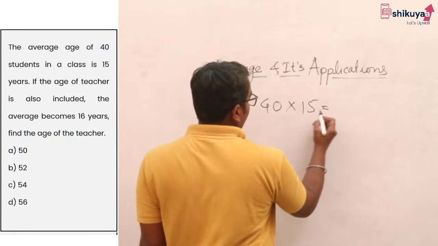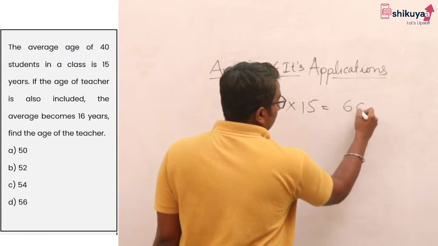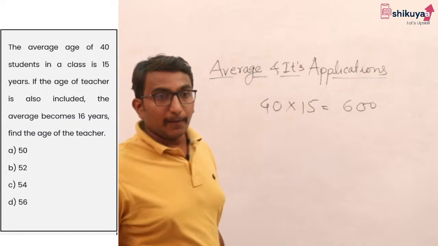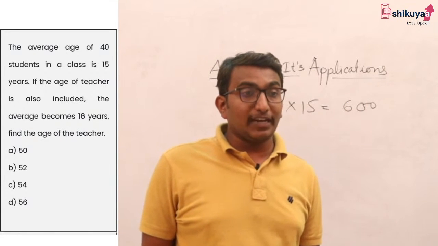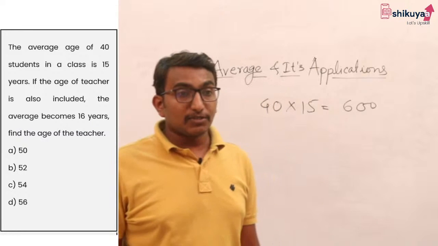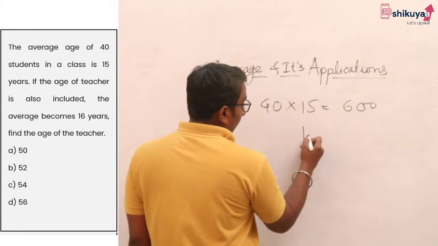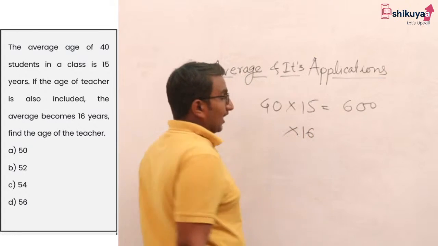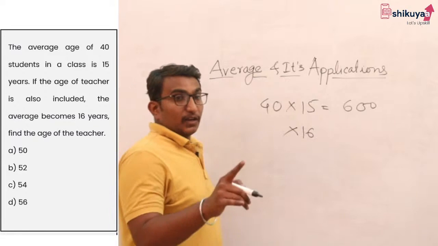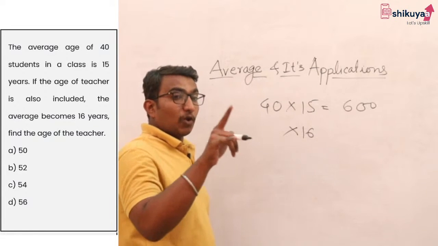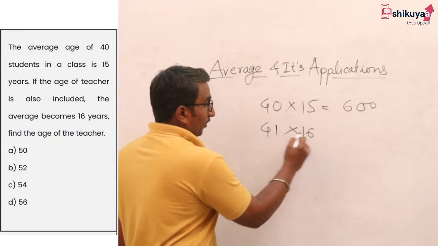It is 600. Okay, now what they have given, if the age of the teacher is also included, the average becomes 16 years. The average becomes 16 years and it is included, not excluded. So the average age of 40 students earlier was 15. So here this count will also change, it will become 41.